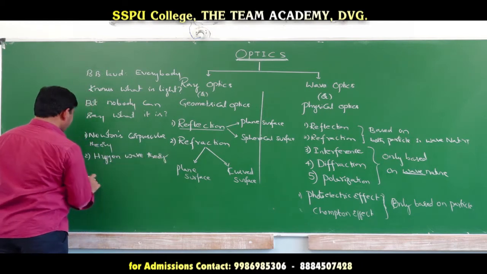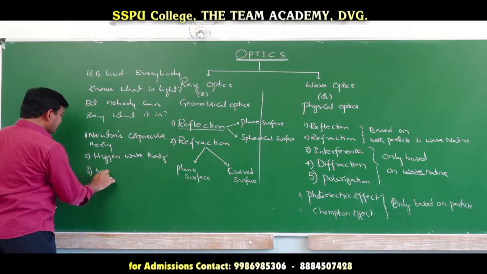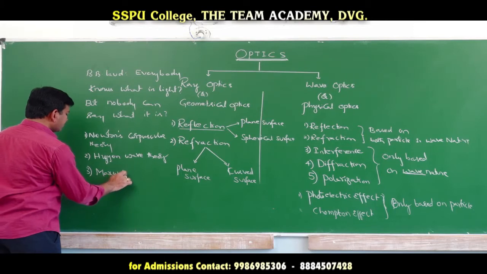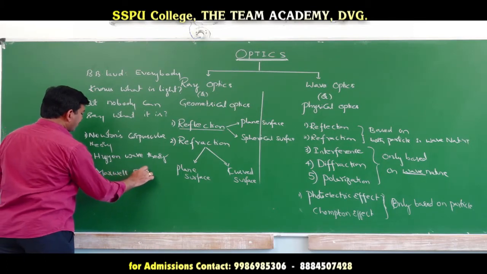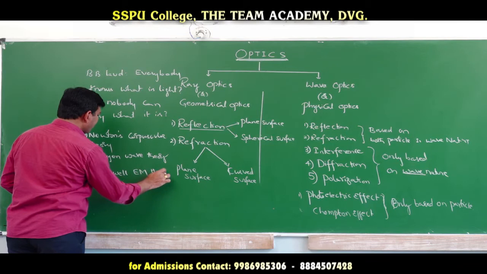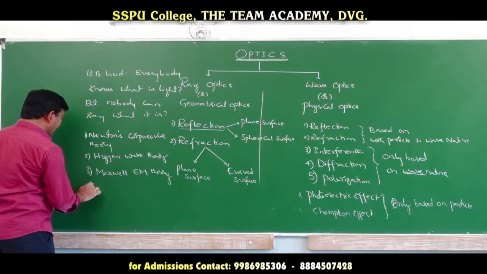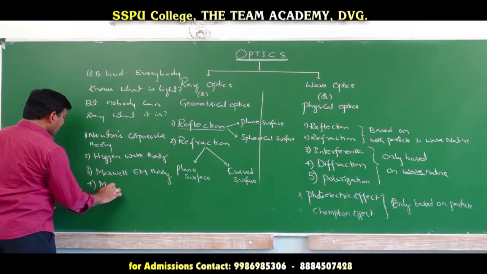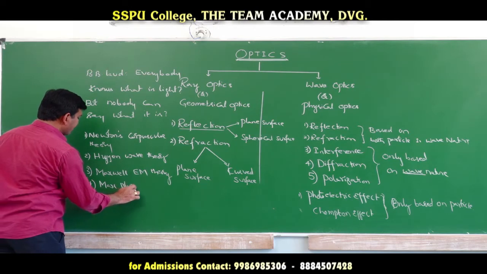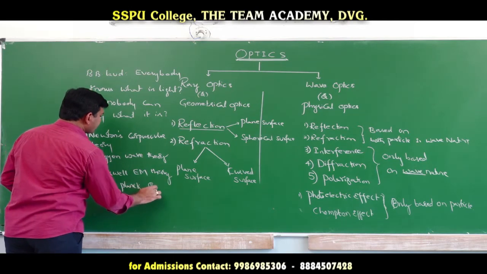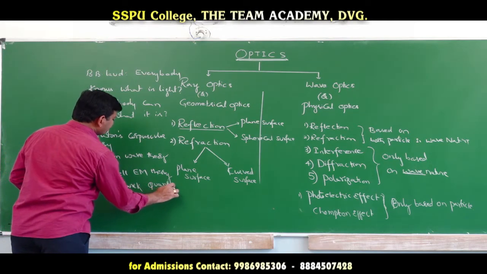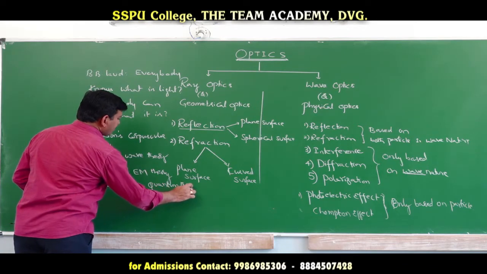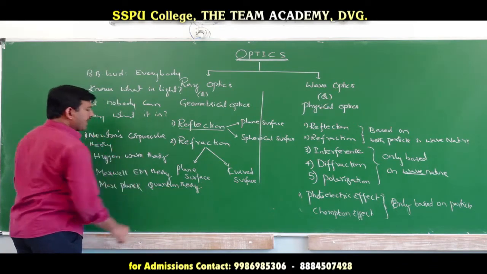The next one is Maxwell's electromagnetic theory, the EM theory. And the last one is Max Planck's quantum theory. These are the four important theories that we are having.